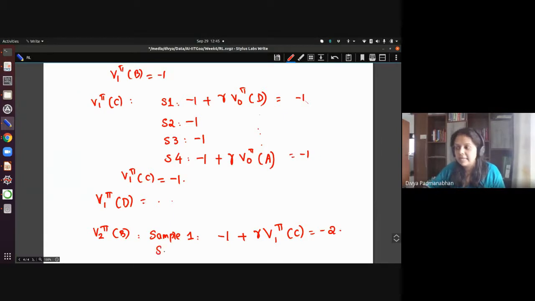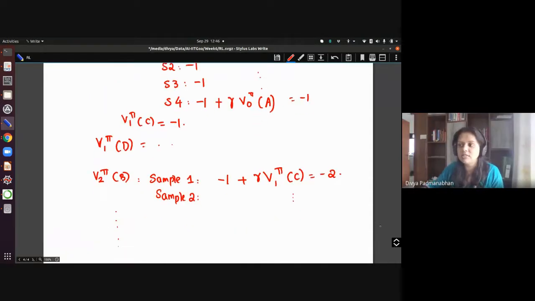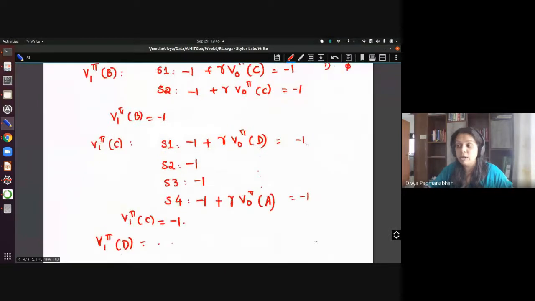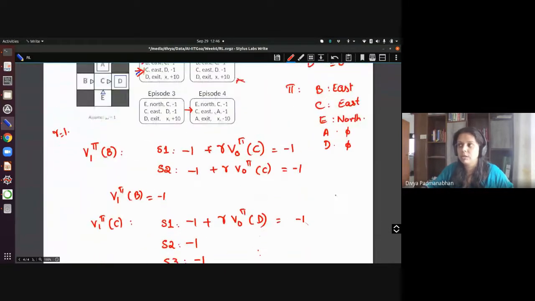Now again, sample 2, what will it give you? It's clear, right? So the same thing you do. Now you will see some change in V3. After you do V2, when you go to V3 of pi, because you have 3 time steps left, that is where this value of D will come in. So in V1 pi of D, you got a reward of 10.